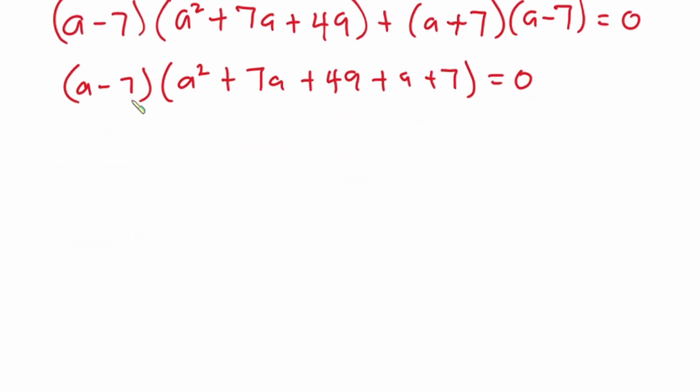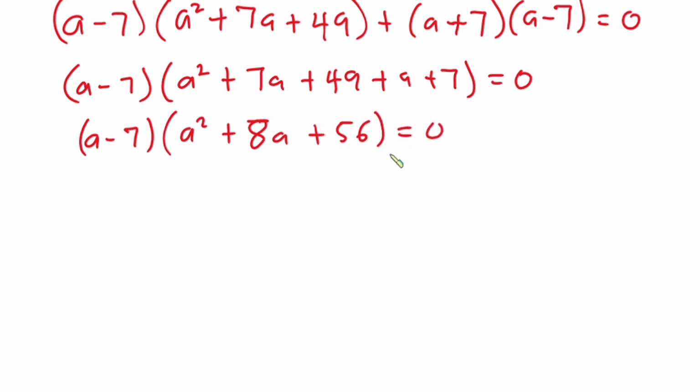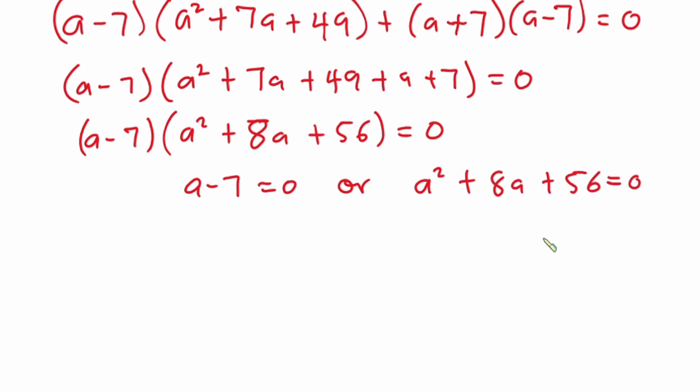Now let's go ahead and simplify this. We have a minus 7 times a squared plus 7a plus a, that is 8a, then plus 49 plus 7, that is 56, and this is equal to 0. At this point, we can say that a minus 7 is equal to 0, or a to the second power plus 8a plus 56 is equal to 0.